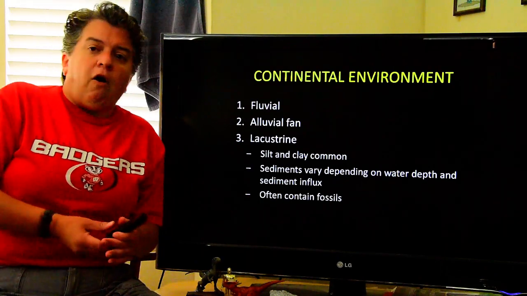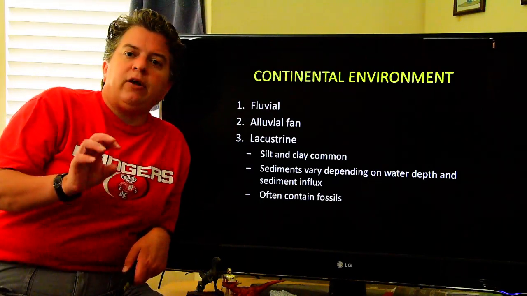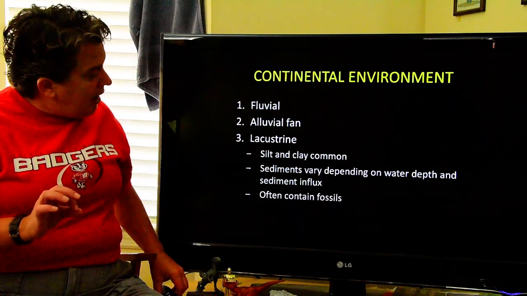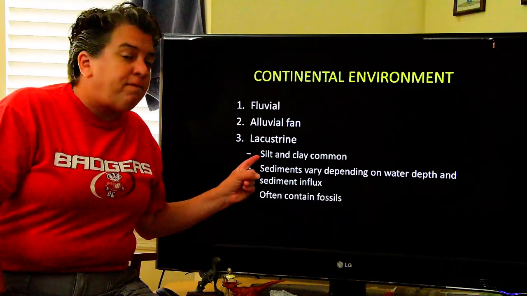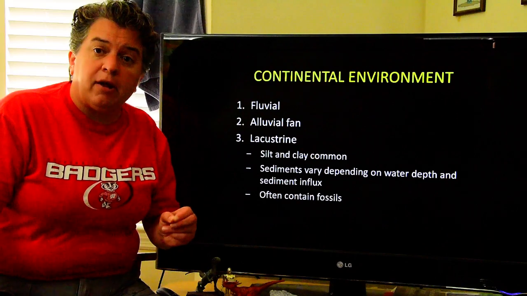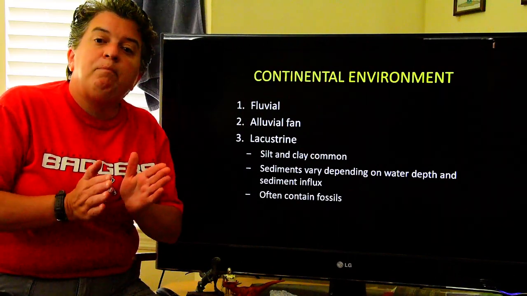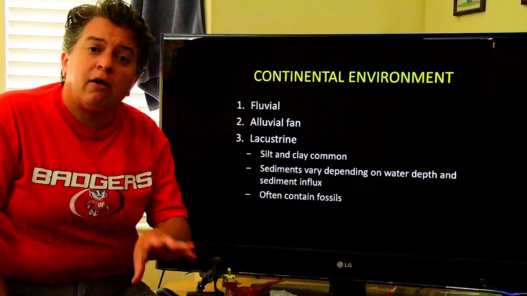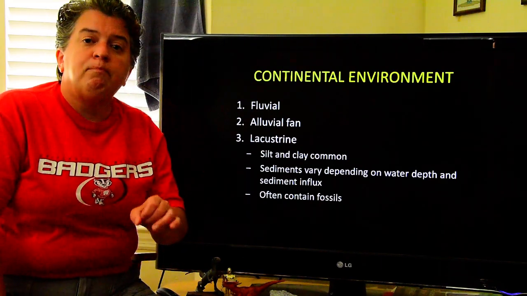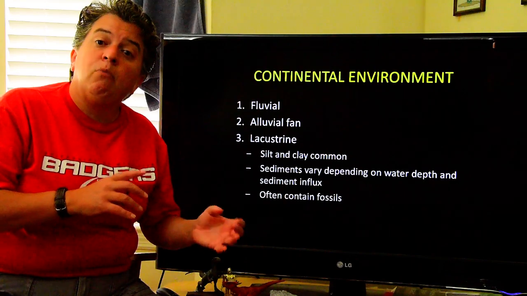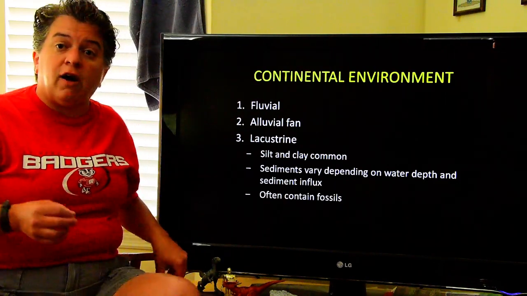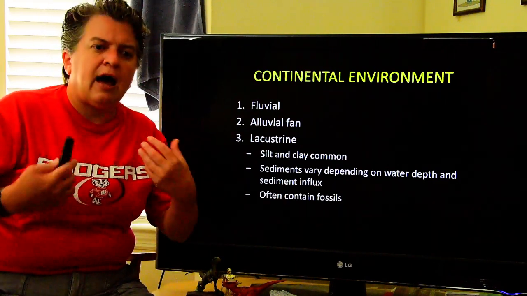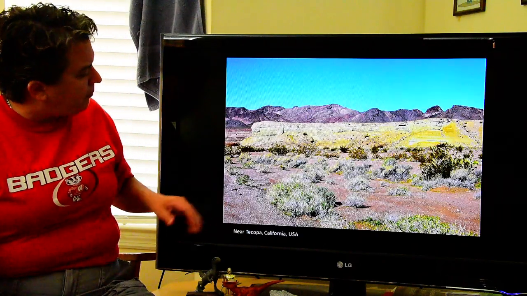Now, lakes often contain really, really nice fossils, and that's because when you have finer grained sediments, you often get better preservation of fossils. And I know we haven't had our fossil lecture yet, but we're going to talk a little bit more about that when we get to the fossil lecture, about just how fossils get preserved.